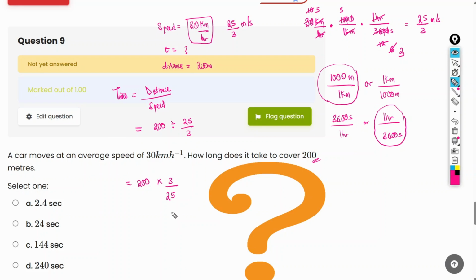So I can cancel this out here, 1. If I cancel this out here, I'll have 8. There are 8 25s in 200, which gives me 24. And I'm sure my unit is what? Seconds, again, because I had converted this already to meters per second. Okay, so the answer for that is option B, 24 seconds.